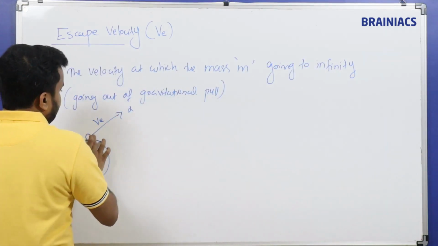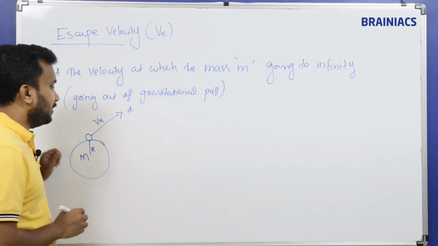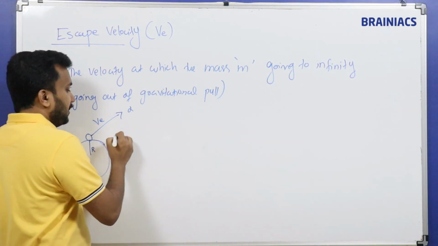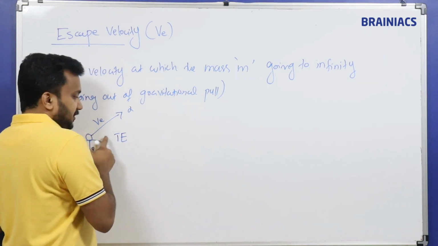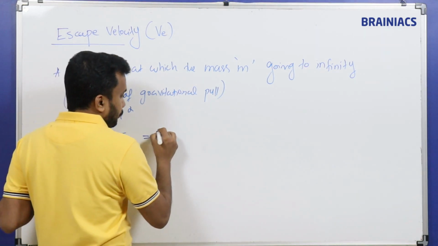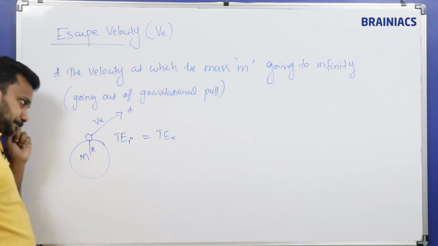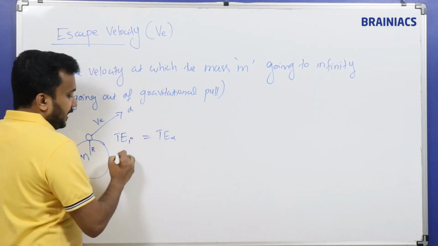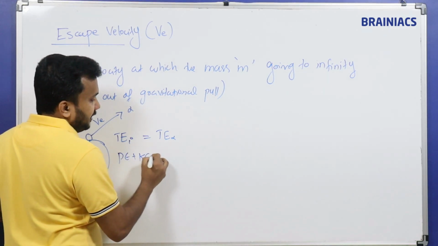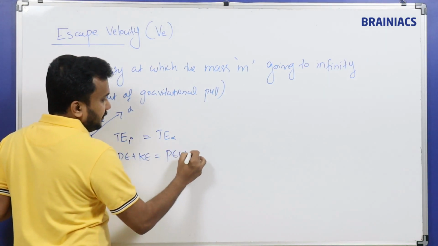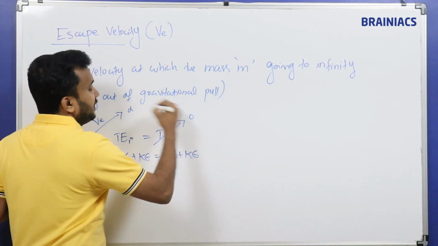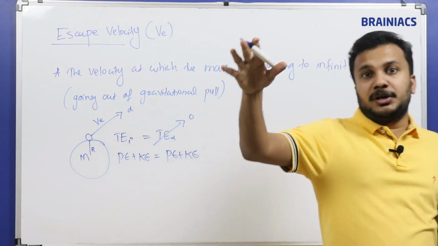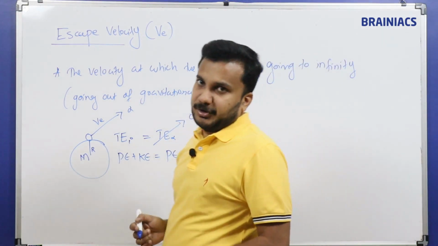So the total energy initially is equal to the total energy at infinity, because it is going to infinity. Potential energy plus kinetic energy equals potential energy plus kinetic energy at infinity, but the total energy at infinity is equal to 0, because that is taken as a reference point.